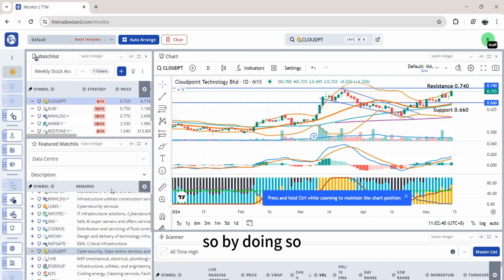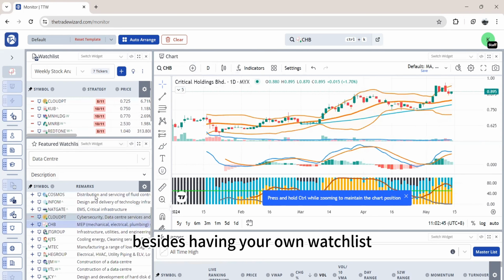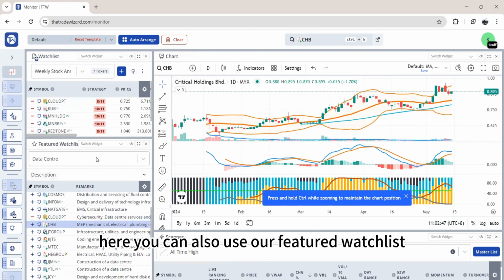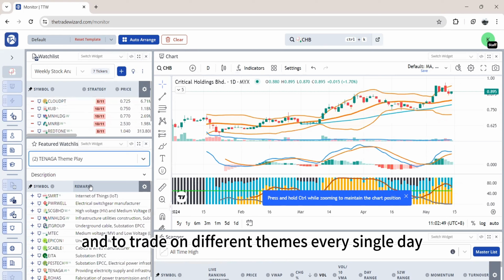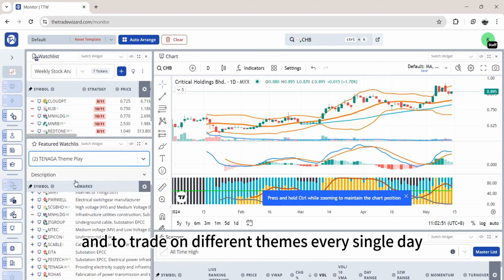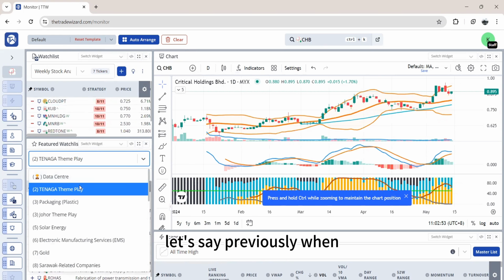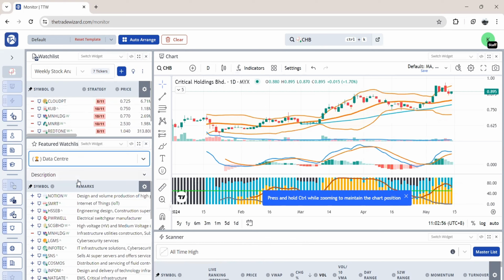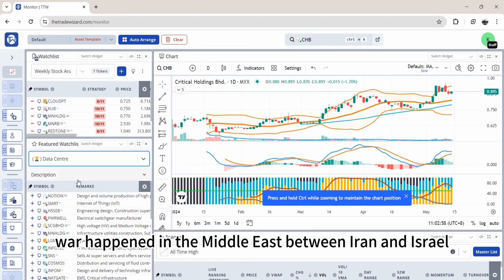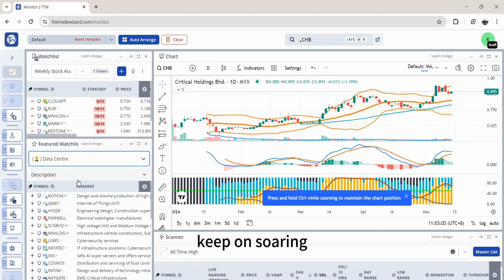So by doing so, besides having your own watch list here, you can also use our feature watch list to trade on different themes every single day. Let's say previously, when a war happened in the Middle East between Iran and Israel, the gold price kept on soaring.